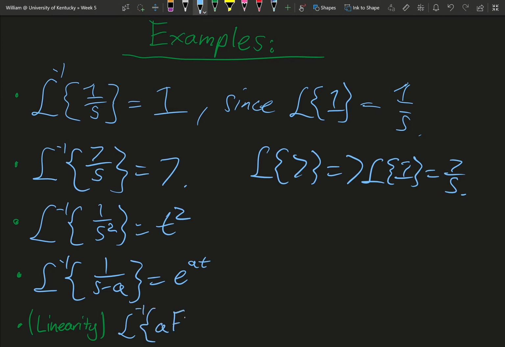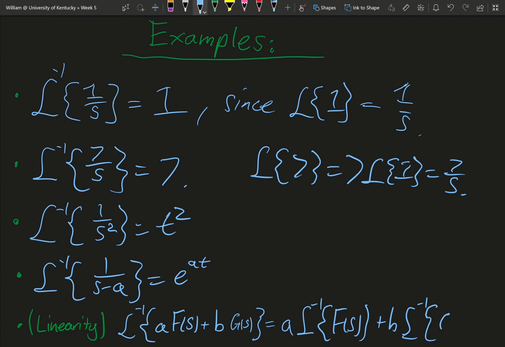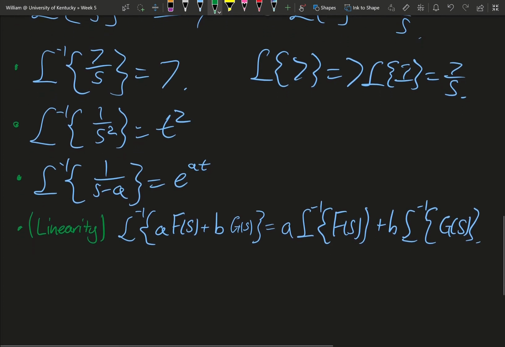So the inverse Laplace transform of a times F of s plus b times G of s is the same thing as a times the inverse Laplace transform of F of s plus b times the inverse Laplace transform of G of s.